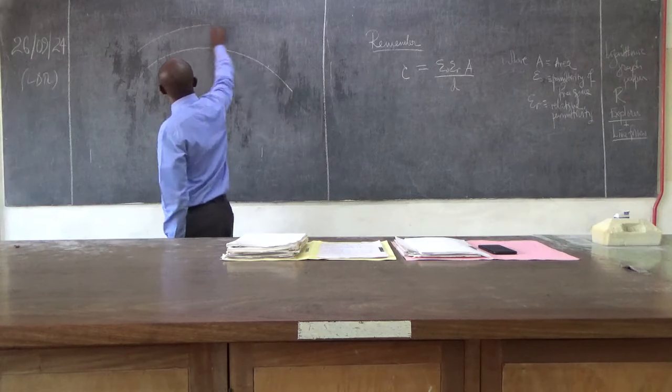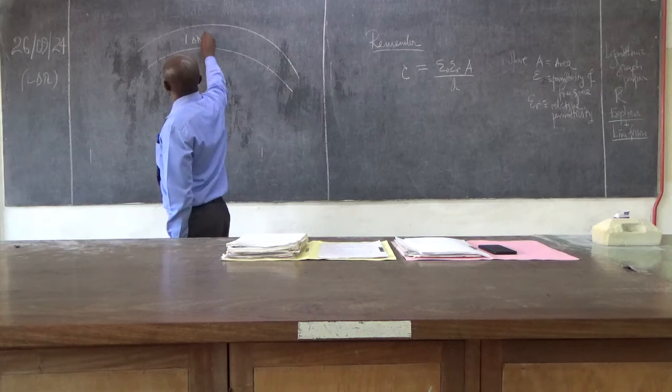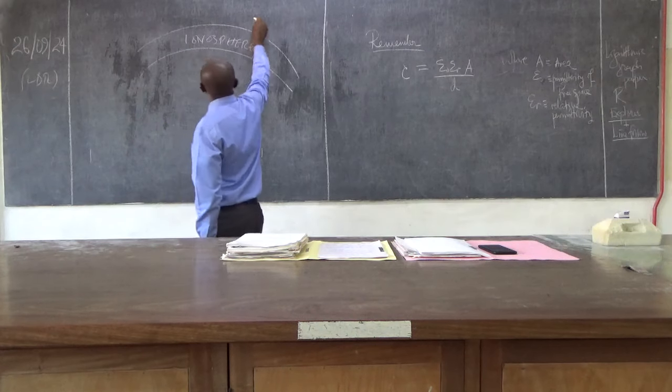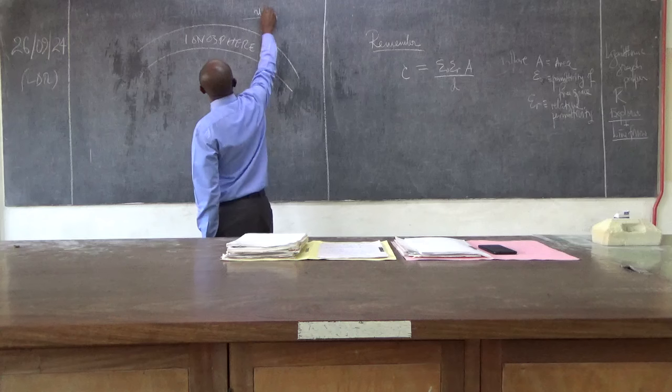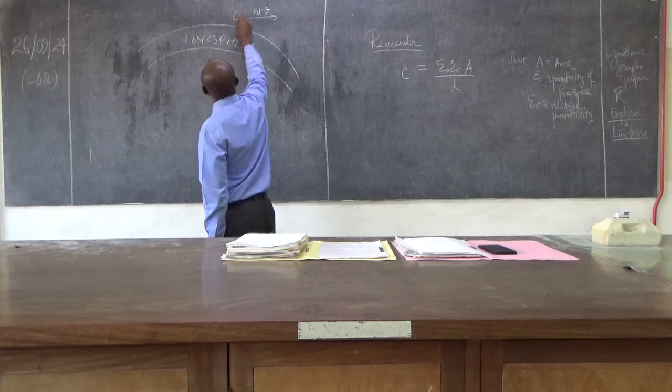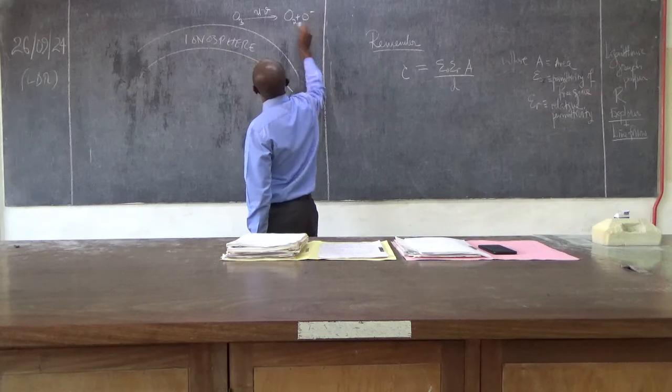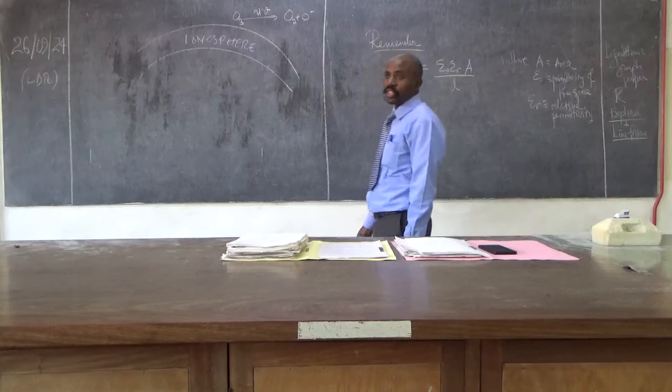So the ionosphere is the sphere which has ions. Ions which come from when you have ultraviolet, the ozone splits into the oxygen and the oxygen ion.